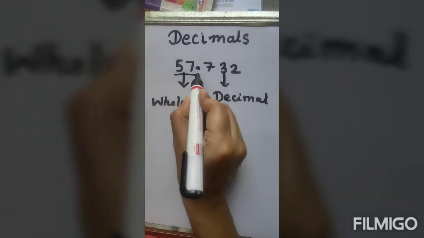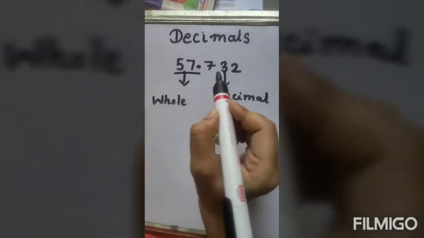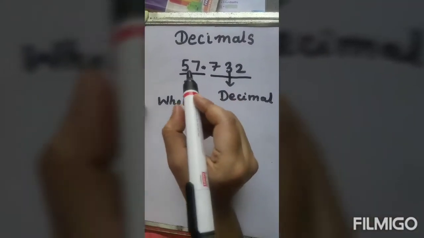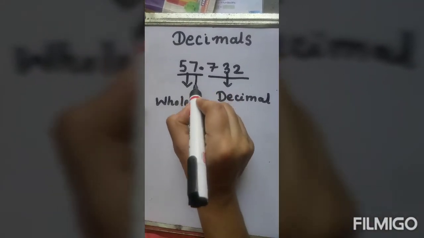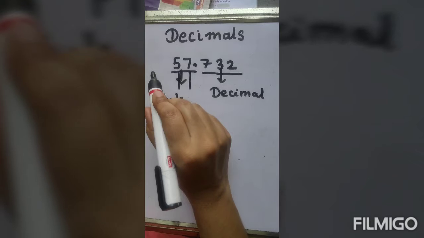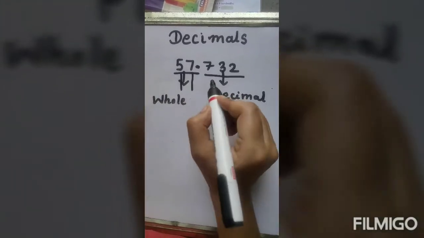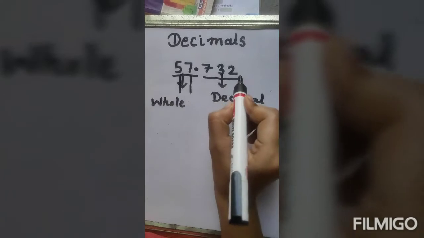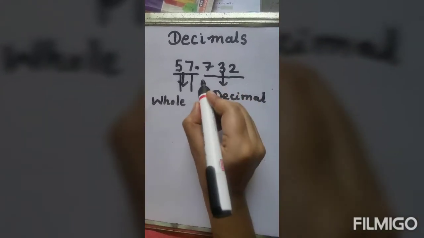The left side value is known as the whole part, and the right side value is called the decimal part. As we know that in a whole number there are places like ones, tens, hundreds, thousands. In the same way, after the decimal point, there are place values of decimals also.